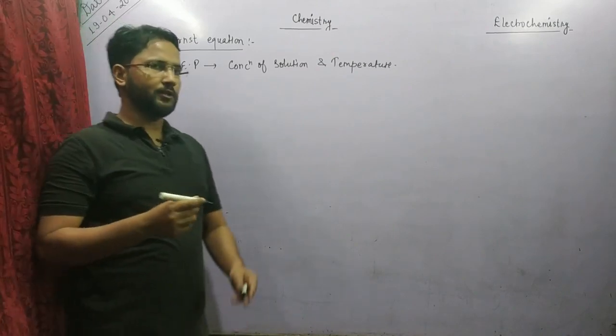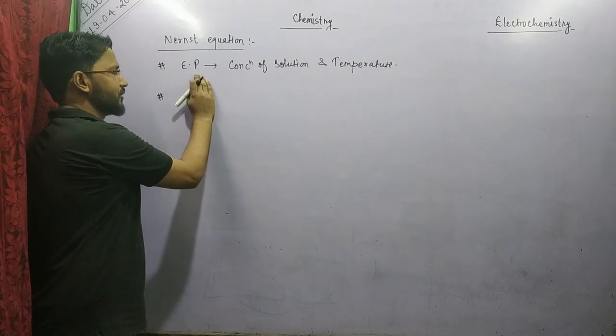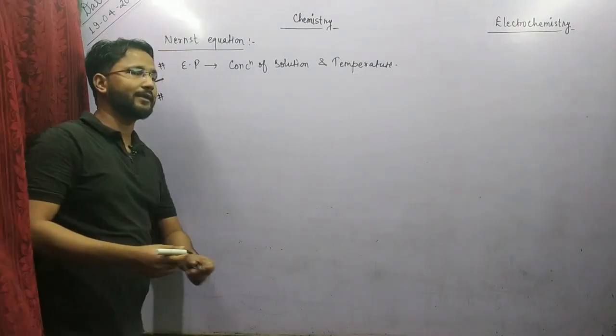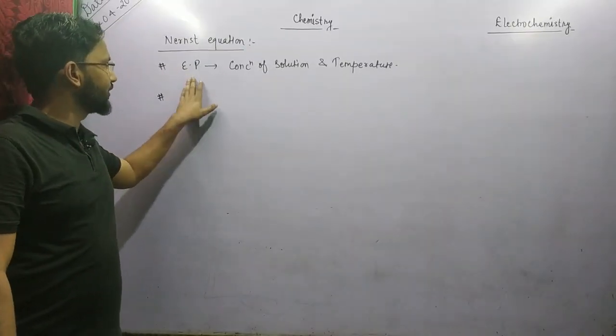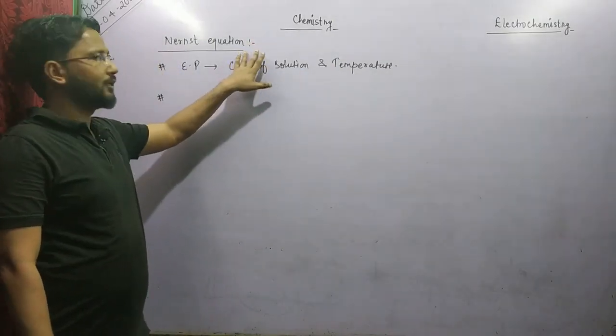From the Nernst equation, we can see the relation between the electrode potential, concentration of solution, and temperature. So the quantitative relationship between the electrode potential, concentration of solution, and temperature is called the Nernst equation.